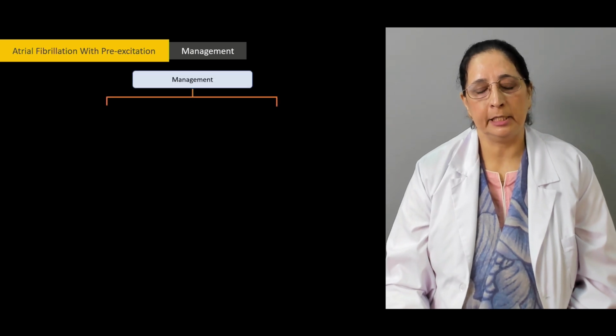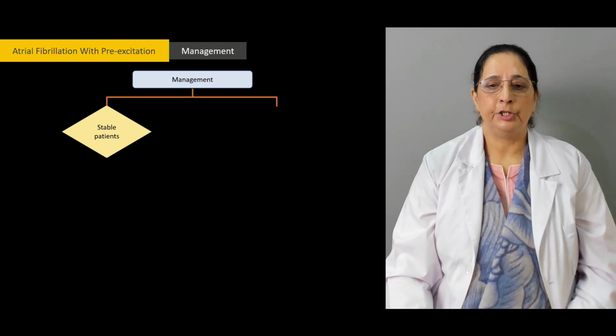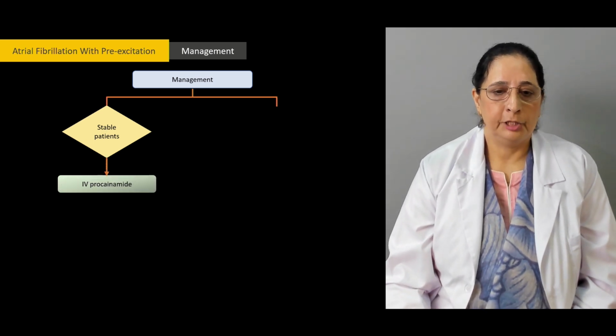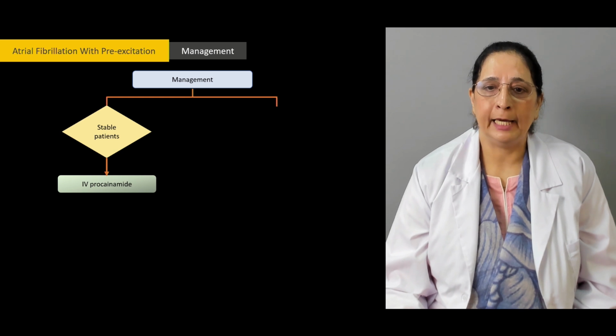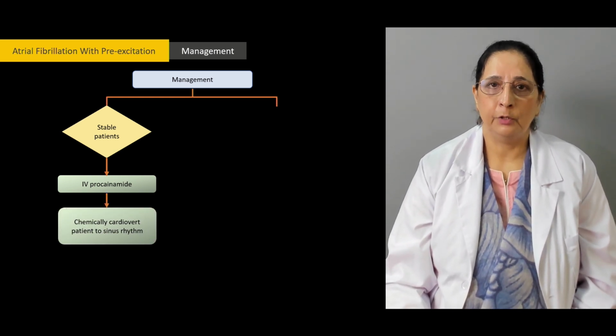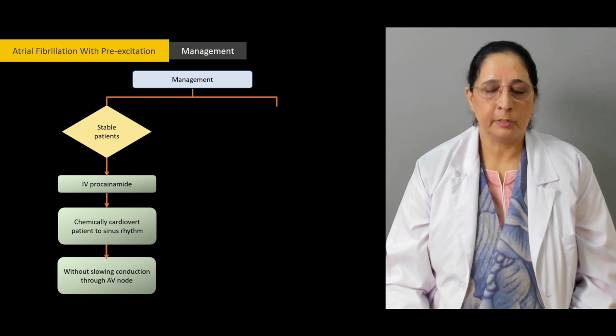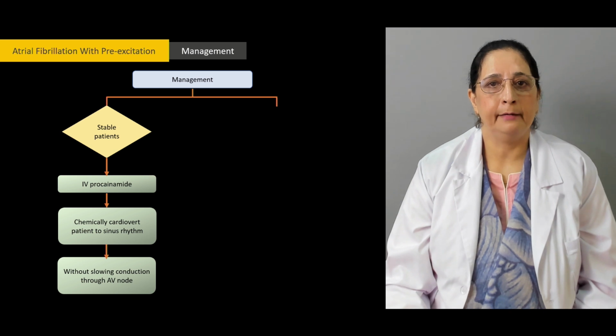Atrial fibrillation with pre-excitation. Again, this is another condition in which, if the patient is stable, we should give IV procainamide, to chemically cardiovert the patient to sinus rhythm without slowing conduction through the AV node.